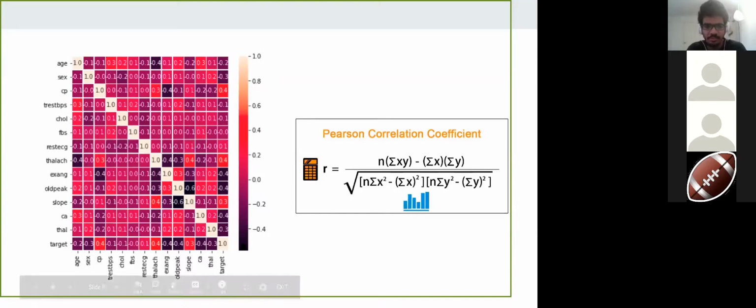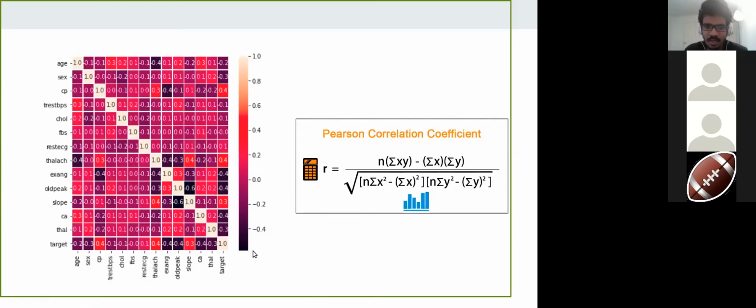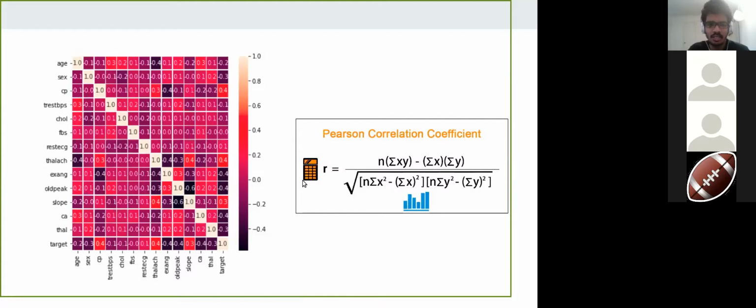Now, in this heat map, a correlation of one means they are very highly correlated. A correlation of -1 would imply that they have very high negative correlation, right? And a correlation of a smaller value, either positive or negative, would mean that they are not really related.